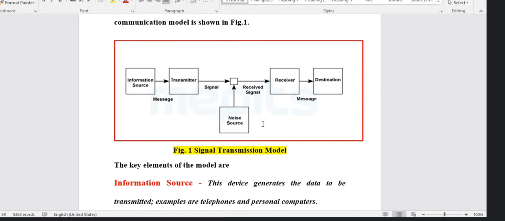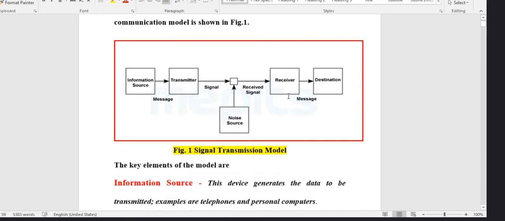bit error will occur. Now, what do we mean by bit error? Say we want to transmit 1010, but at the receiving end we get 0010. So the first one has been converted into a zero. Instead of getting one when the transmitter is transmitting a digital one, we are getting a digital zero at the receiver.